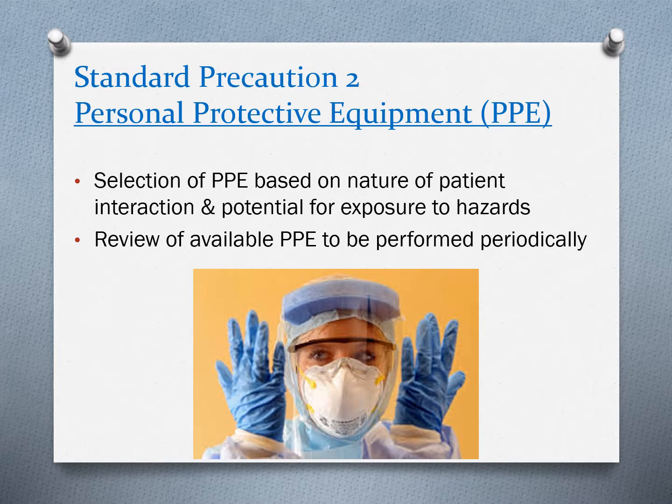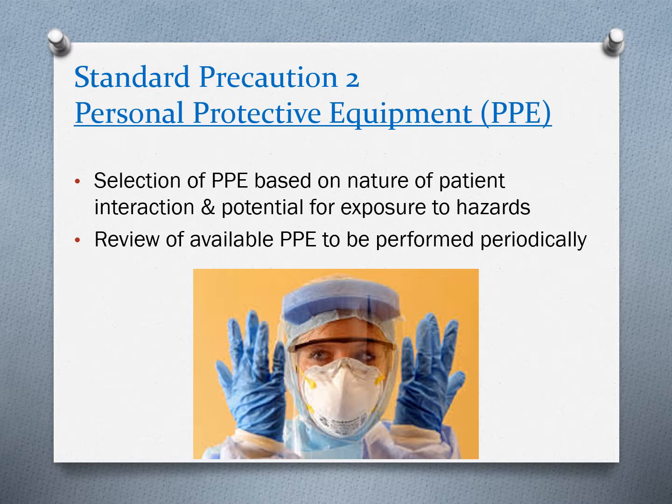The second standard precaution is personal protective equipment, or PPE. It refers to wearable equipment that is designed to protect the healthcare worker from exposure to or contact with infectious agents. Effectively, it covers personal clothing and skin.